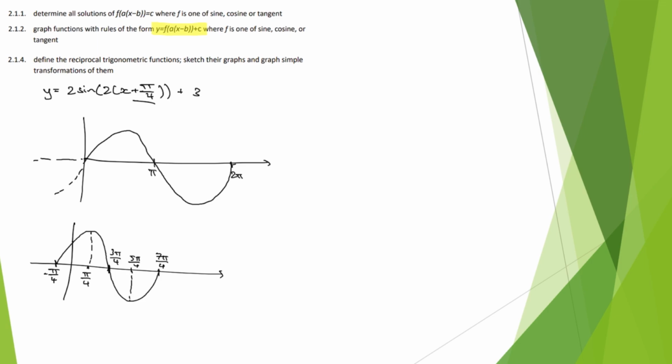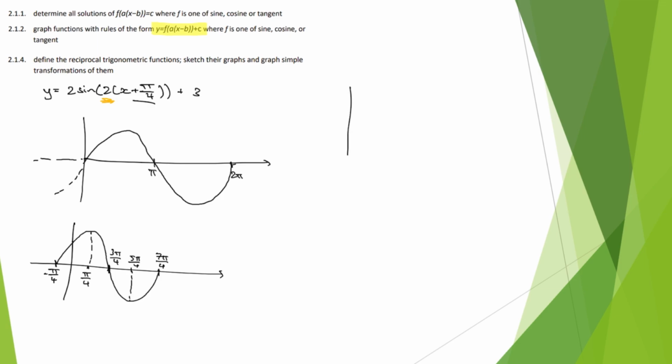Now, the next thing that's occurred is that I have experienced this horizontal dilation by a factor of 2. So essentially, all of my factors here have been squeezed inwards in this direction by a factor of 2. What this 2 does, if it's greater than 1, is start squeezing things inwards. Everything gets divided by 2.